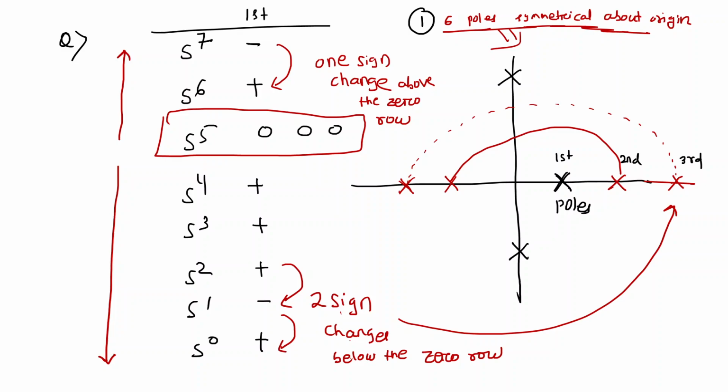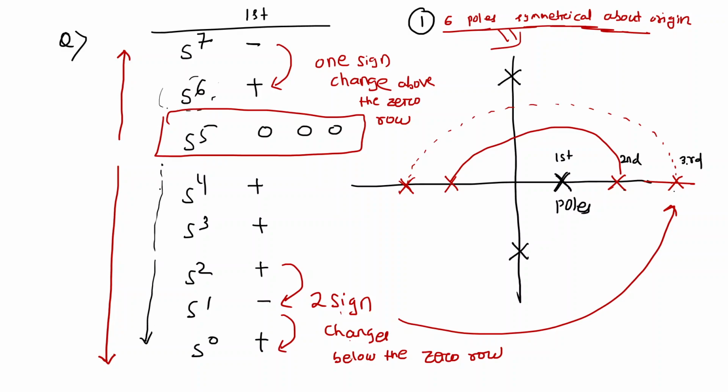Now you have to check below the 0 line how many sign changes. Below the 0 line there are 2 sign changes. It means these red lines, second and third I am saying, these 2 poles have symmetrical poles about origin, because out of these 6 poles which are symmetrical about origin, we consider the bottom portion.